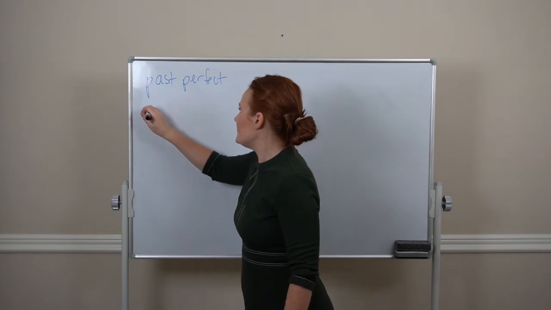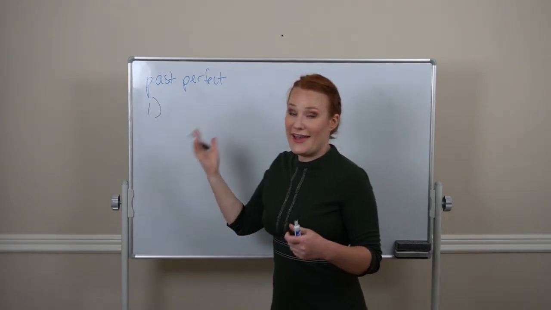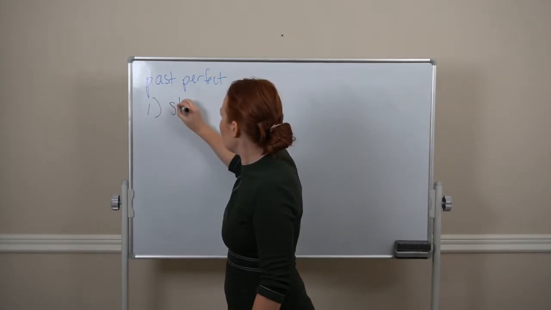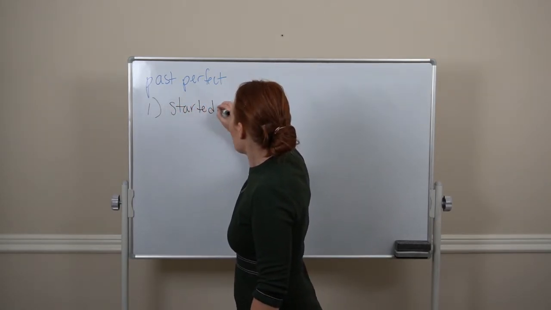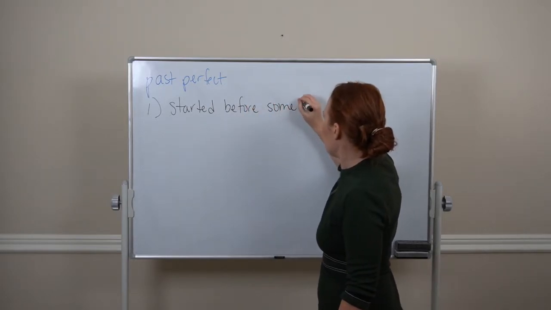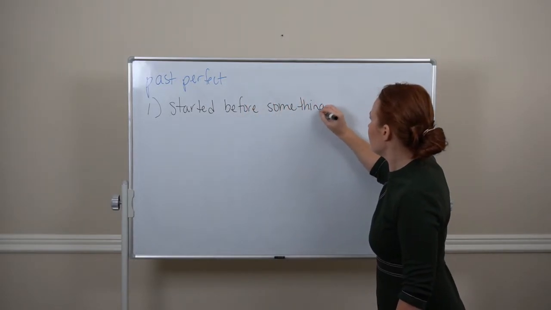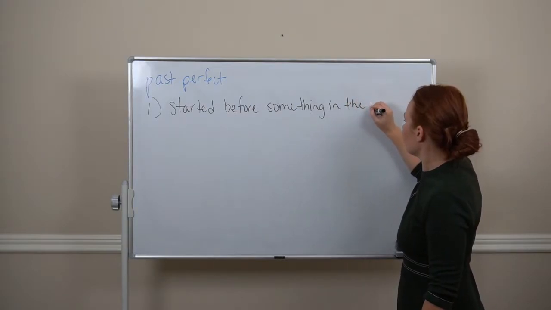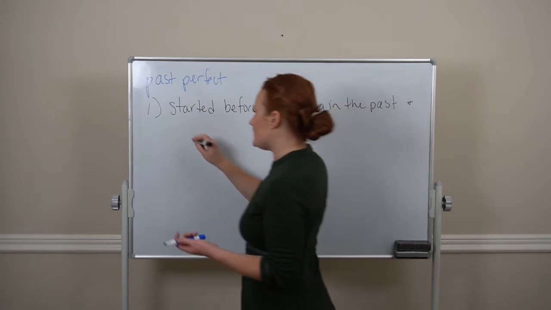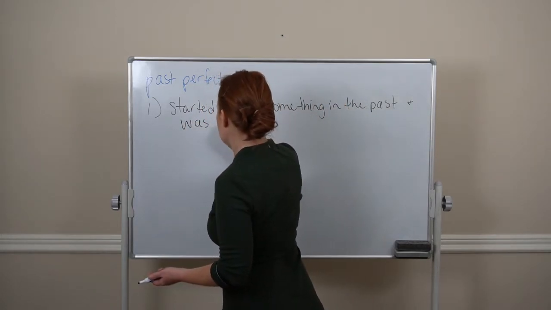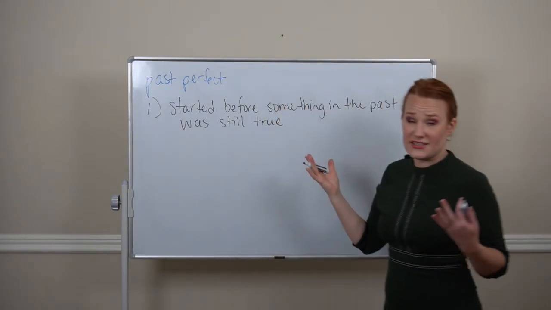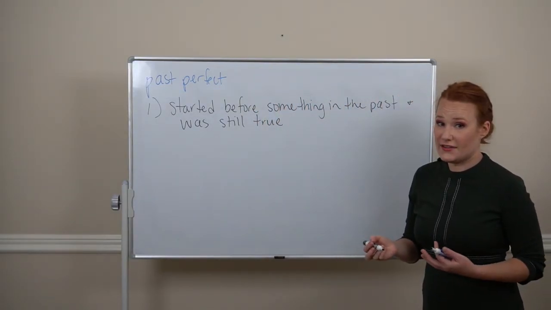So instead of started in the past and it's still true, we're going to say it started before something in the past, and it was still true at whatever time we're discussing in the past.